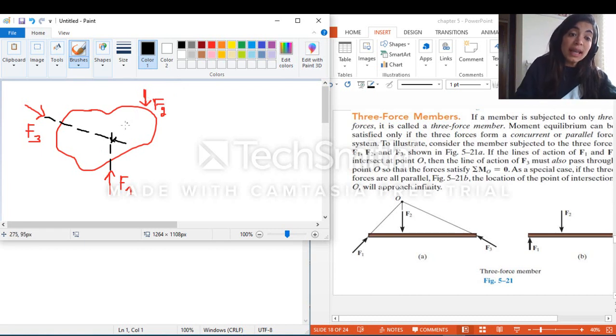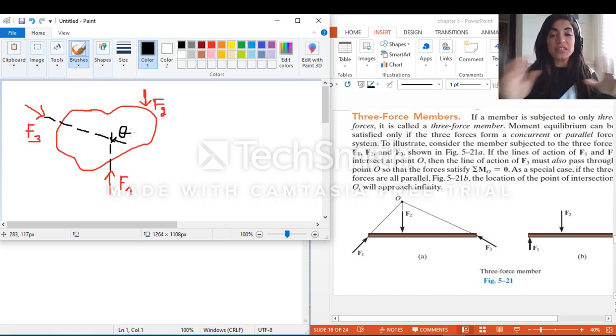So F2 should be intersecting on the same point O, and this is impossible because F1 is parallel to F2. And from here, guys, since I have a contradiction to the given that states that F1 and F2 are parallel, this means that F3 and F1 could not be intersecting the same point.